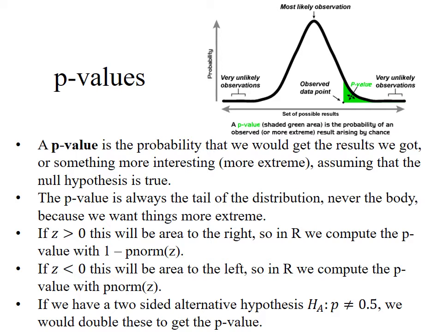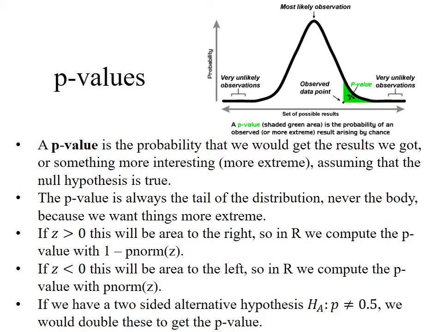On the other hand, if z is negative, if my test statistic was a negative number, then I would want the area to the left. So in R, we would just compute the p-value with straight pnorm of z. Now, the other interesting wrinkle is if I had a two-sided alternative hypothesis, that p is not equal to 0.5. Then it would be just as interesting to me if I was extreme to the right as extreme to the left.